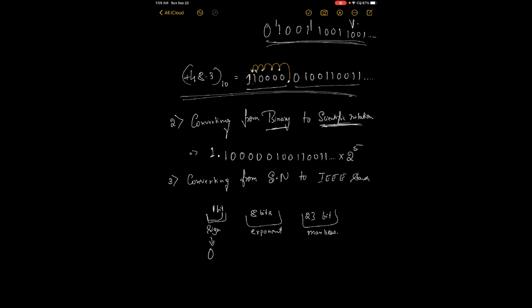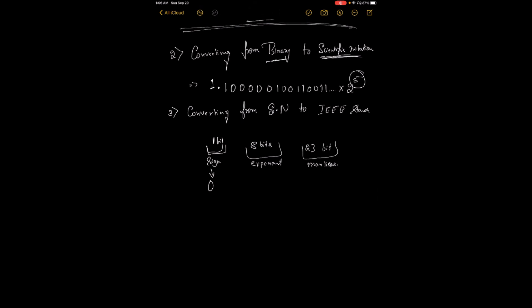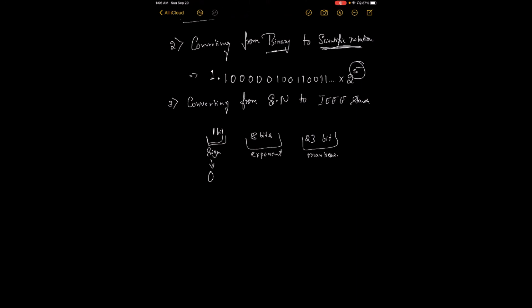Yeah, so the exponent here is nothing but this exponent. We can see 2 to the power of 5, right? So the exponent is 5 here. This exponent can be a negative or positive number again, right? It could be a power of maybe -5, -10, anything. So to represent negative and positive in the binary format, there is something called exponent bias, which is set to 127.